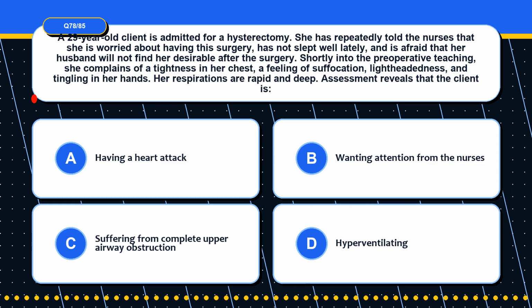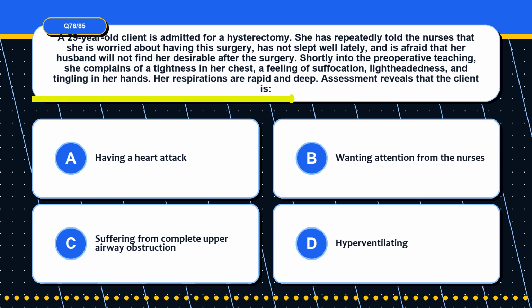Question 78. A 29-year-old client is admitted for a hysterectomy. She has repeatedly told the nurses that she is worried about having this surgery, has not slept well lately, and is afraid that her husband will not find her desirable after the surgery. Shortly into the preoperative teaching, she complains of a tightness in her chest, a feeling of suffocation, lightheadedness, and tingling in her hands.